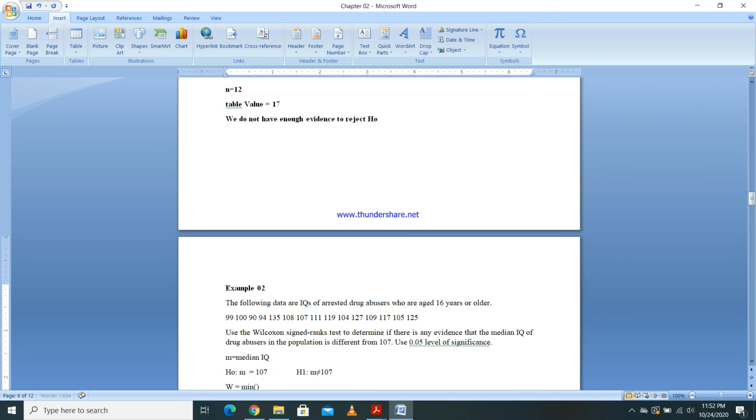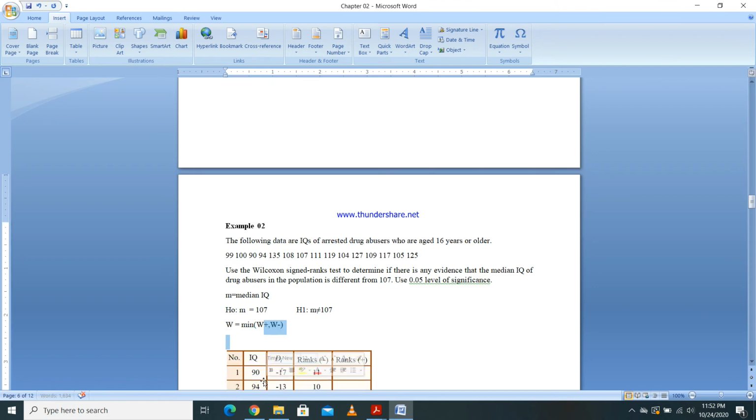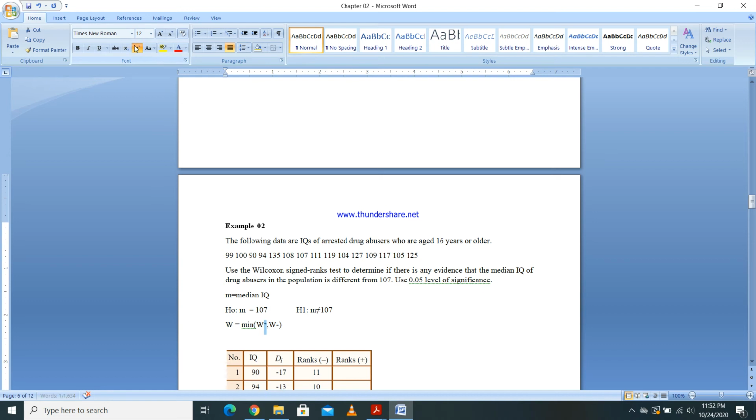Since it's a two-sided test, you have to actually calculate W plus and W minus both, and then you have to calculate the minimum value. So your test statistic would be the summation of the ranks of the positive differences and the summation of the ranks of the negative differences, and then you have to take the minimum value as your test statistic. So you can pause the video and do the calculations.